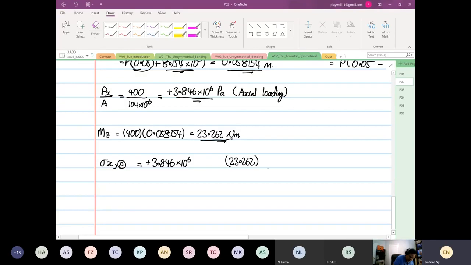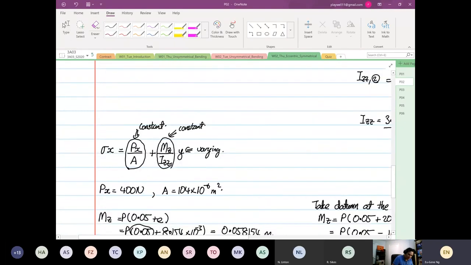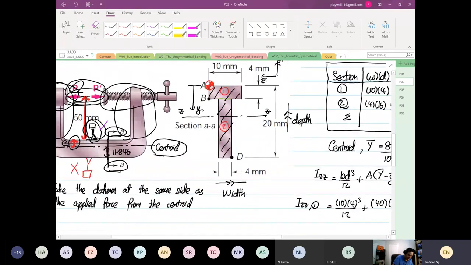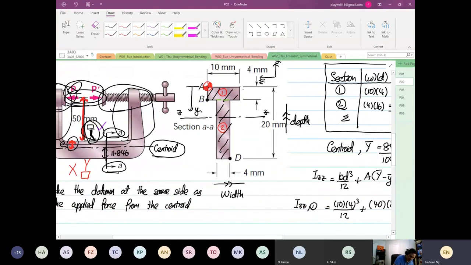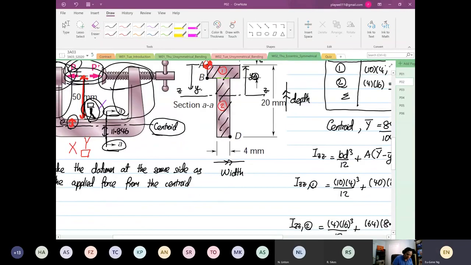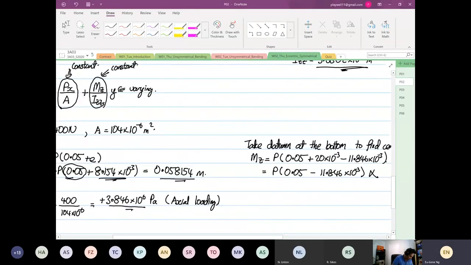The second moment of area is equal to 3.8802 times 10 to the power minus 9. The y is from the centroid. So you go back here. This is our A, so this distance is our y for point A, which is equal to 8.154 times 10 to the power minus 3.